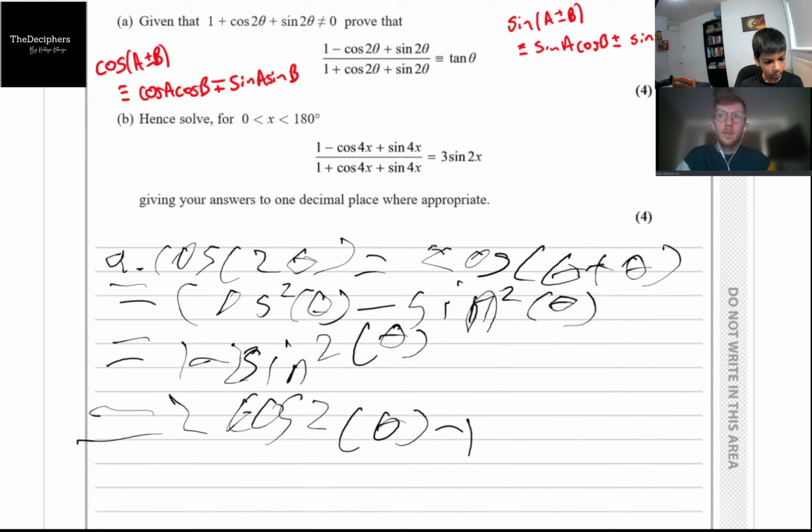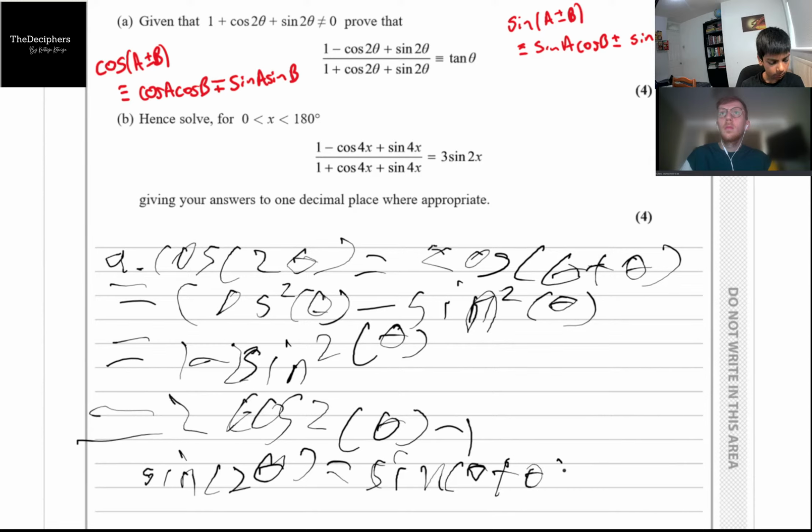Okay. So sine of 2 theta, that's sine of theta plus theta, which is sine of theta times cos theta plus sine theta cos theta, which is 2 sine theta cos theta. Good stuff.